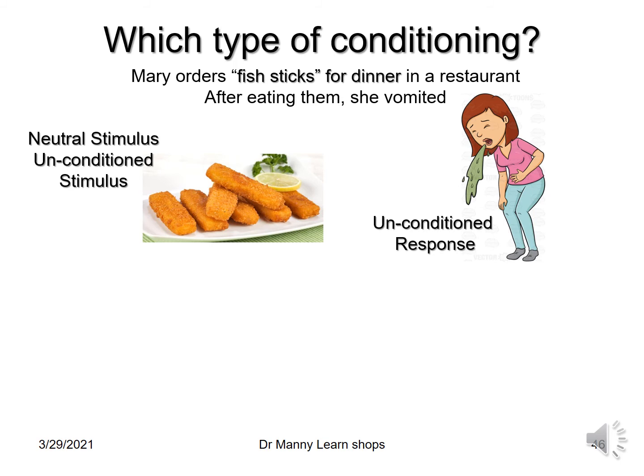Okay, have a look at this. Oh gee, I've experienced this myself. Which type of conditioning? Mary orders fish sticks for dinner in a restaurant. After eating them, she becomes nauseated and she vomits. The neutral stimulus, or the unconditioned stimulus, is the fish sticks. The unconditioned response is that she becomes nauseated and vomits.